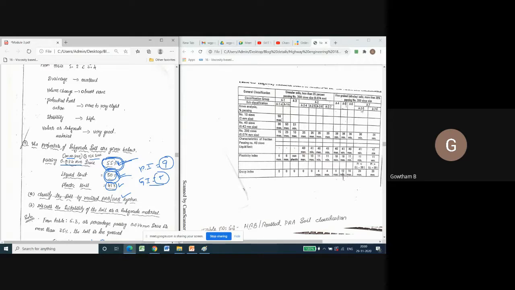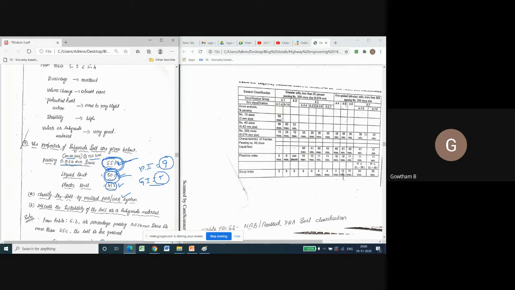Now let us check. Here it says that the number 200 passing sieve should be more than 35. If I want to call the soil A4, the percentage passing the 0.074 mm sieve should be 36 minimum. For A5, it should be 36 minimum. For A6, again 36 minimum.